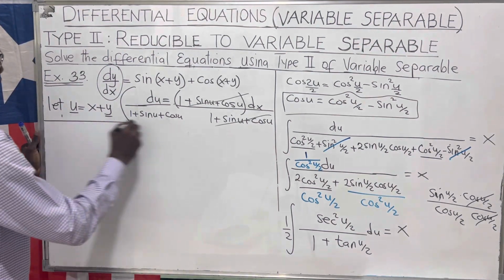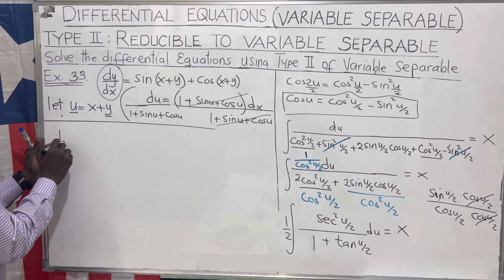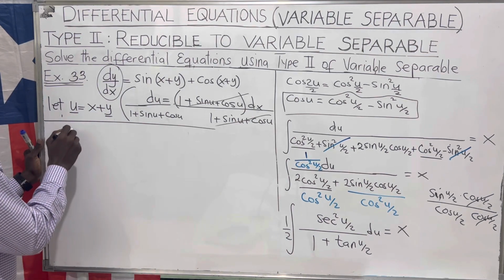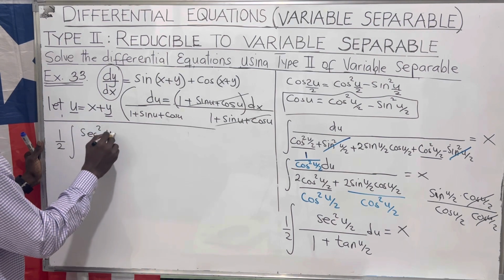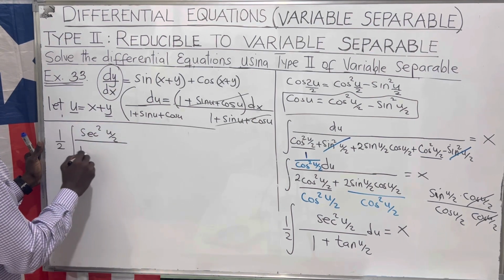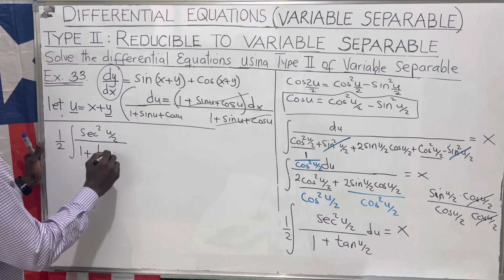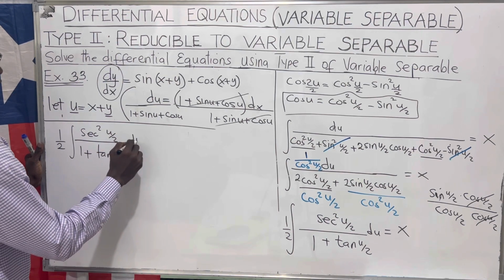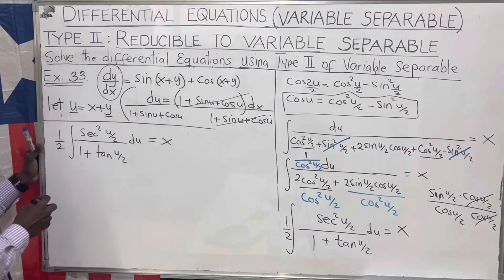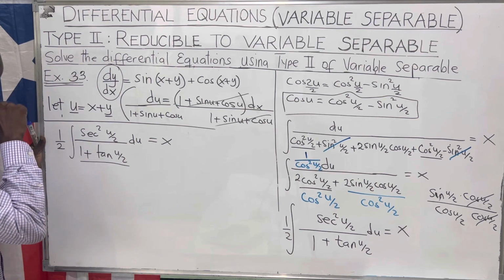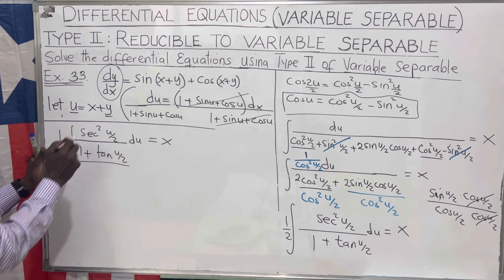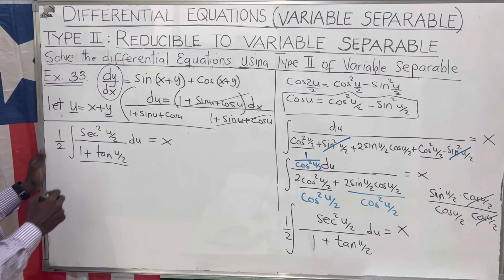So we have 1 over 2 the integral of secant square u over 2 over 1 plus tangent u over 2 du equals x. Now we can bring in u substitution. Whenever we see this in the denominator, we know that the derivative of tangent is equal to secant square u.